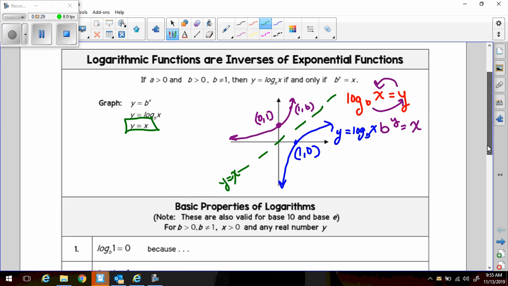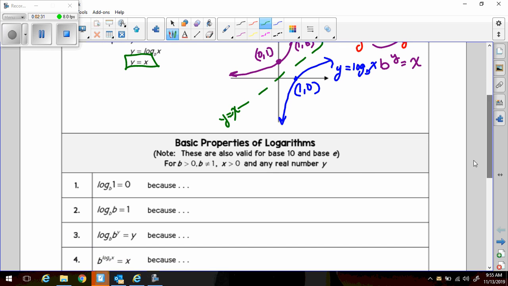So the base property of logarithms, they just want you to see how to change a log to an exponential. The log with any base of 1 is 0. The reason is b to the 0 power, anything to the 0 power, is 1.